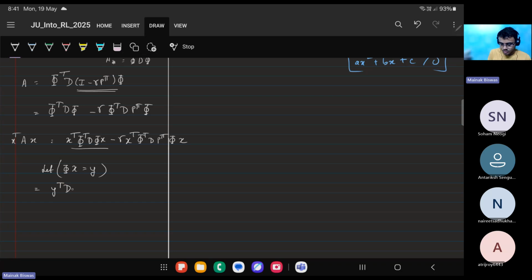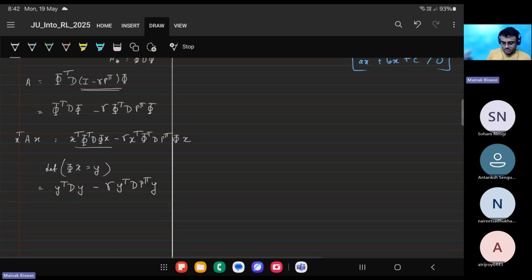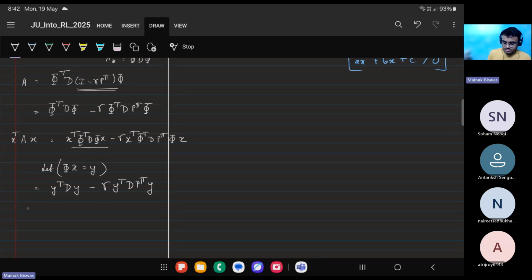So this is y transpose D y minus gamma of y transpose D P pi y. These are the two terms that I have. This is okay with everyone? Please stop me. This is really interesting algebra. Now you see, do you remember this term? What is y transpose y?